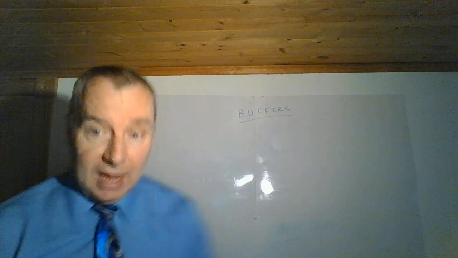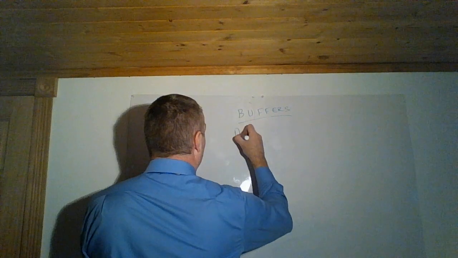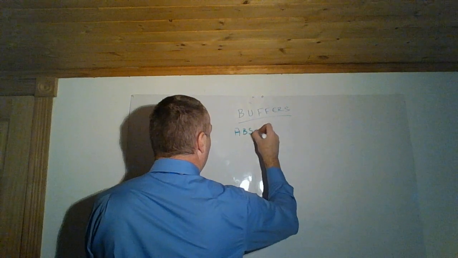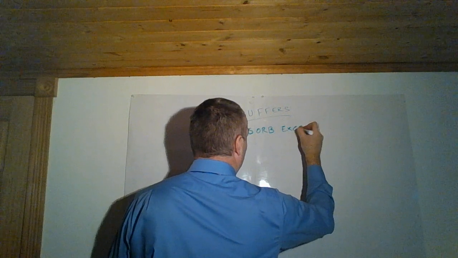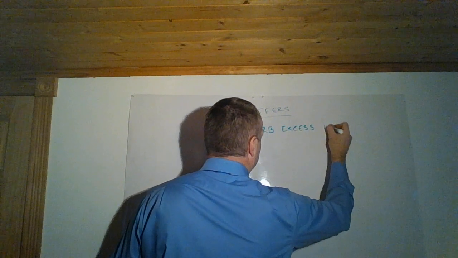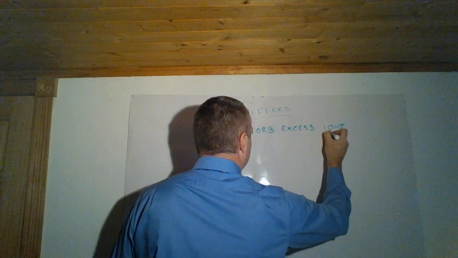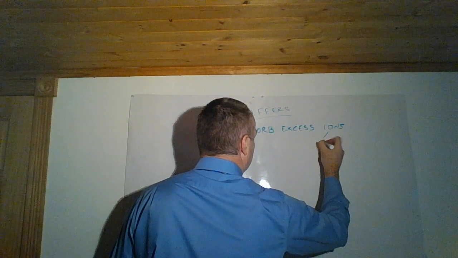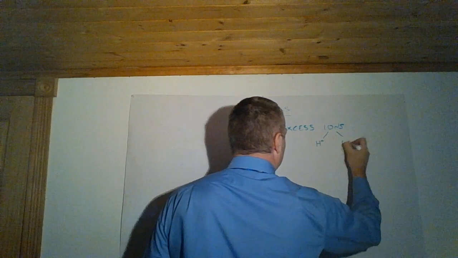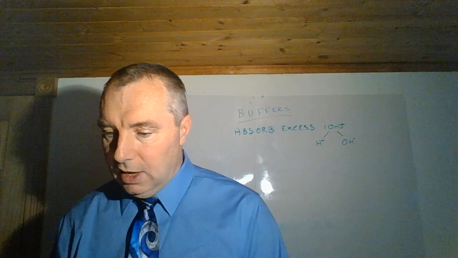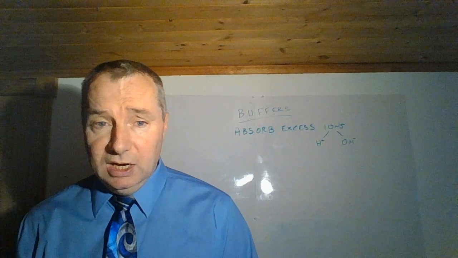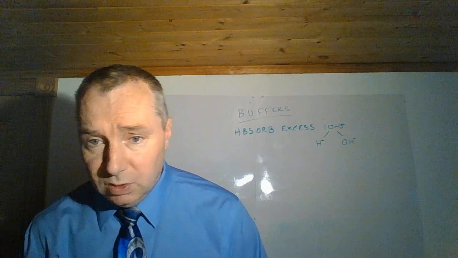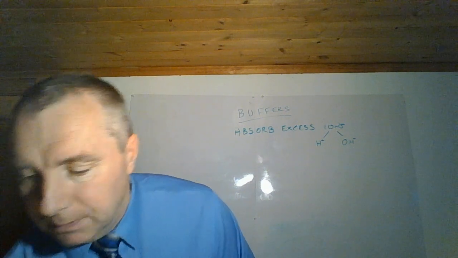They absorb excess ions, and those ions are H plus hydrogen ions and OH minus hydroxide ions, and there are three parts in humans.